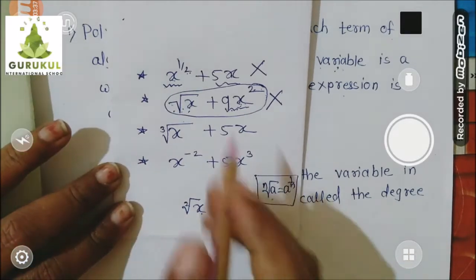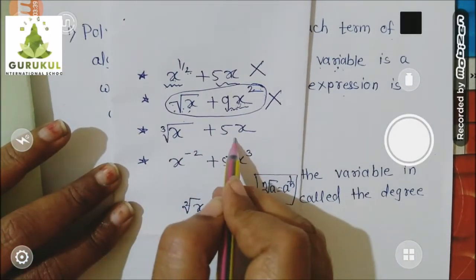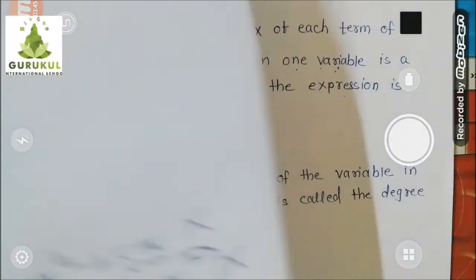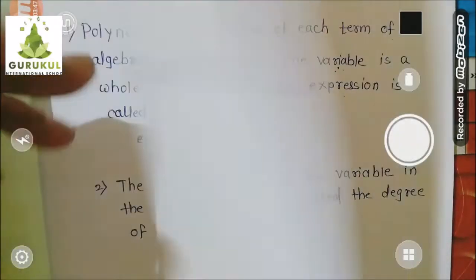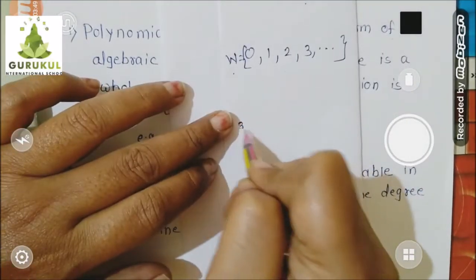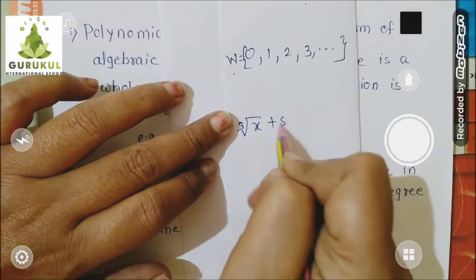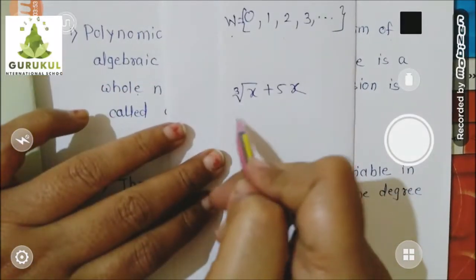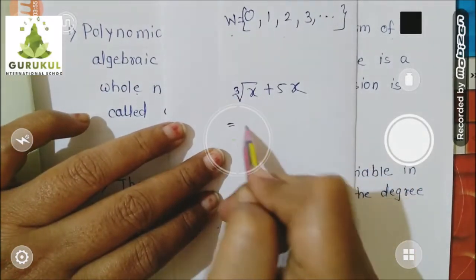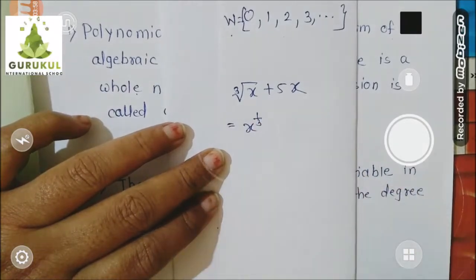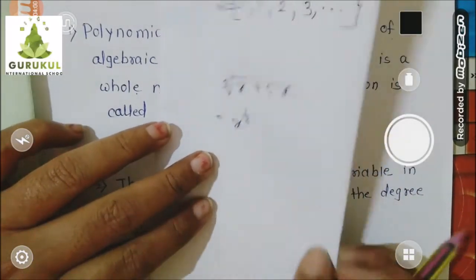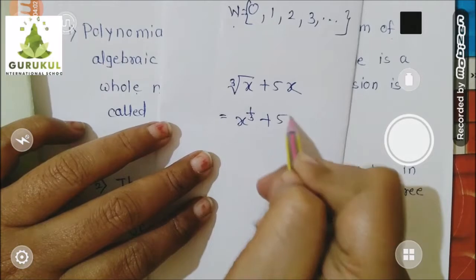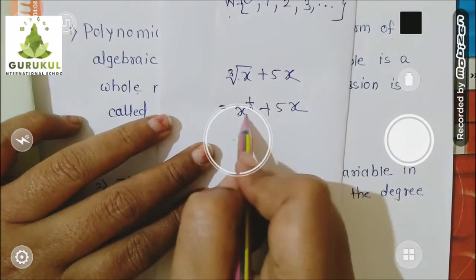Now I will apply the same rule for this expression. Let me show you separately. That would be better. See, I have written the example cube root of x plus 5x. Children, according to that formula, cube root of x means x raised to 1 upon 3. Am I right? And plus 5x, keep it as it is. Why could I write this?